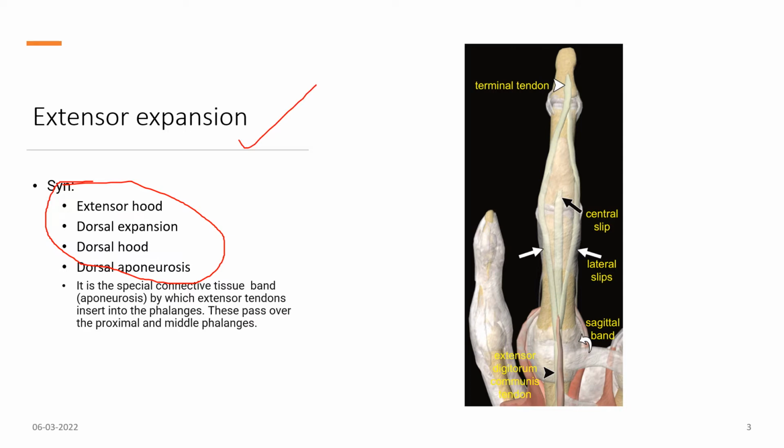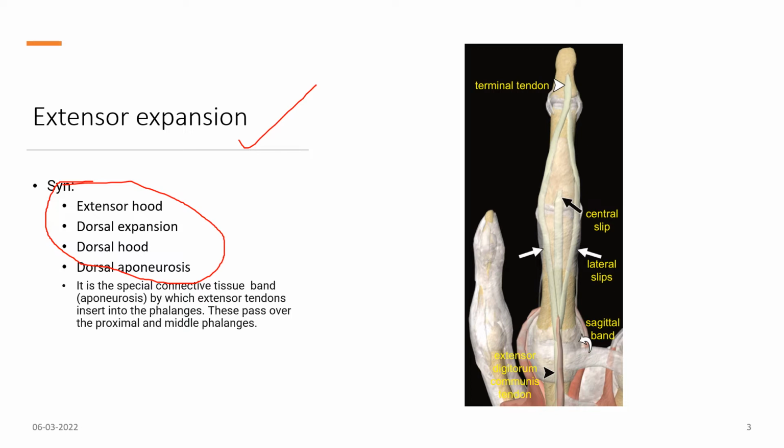So what is this one? Structurally, it's a specialized connective tissue band, or we call it an aponeurosis, by which the extensor tendons of the digits get inserted into the phalanges. So these will be passing over the proximal and middle phalanges.